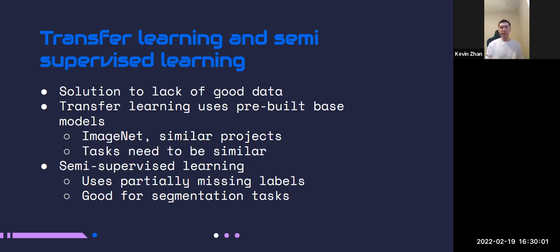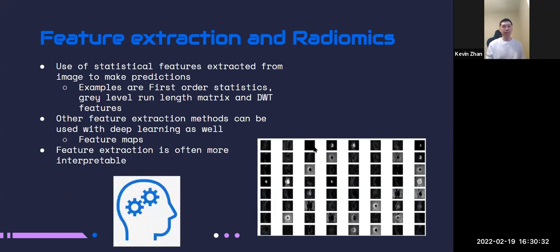One example is weakly supervised learning, an iterative approach where we train on a few labels, then generalize to the whole unlabeled data, and then repeat that. This is especially good for segmentation tasks because ground truths for segmentation require multiple experts. It's not always there, and you want to make a little go a long way.